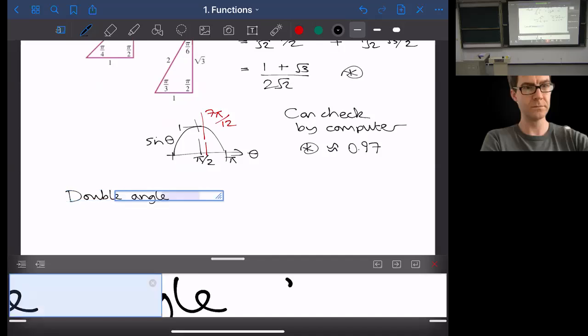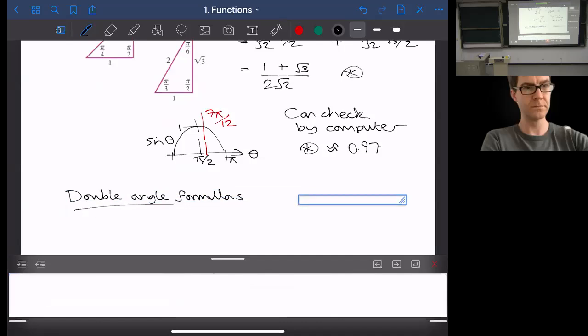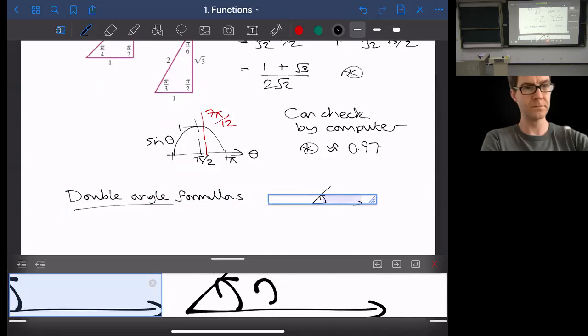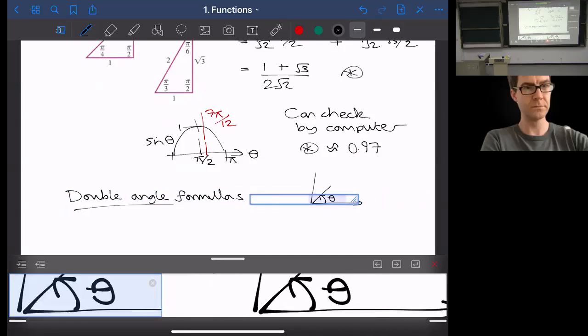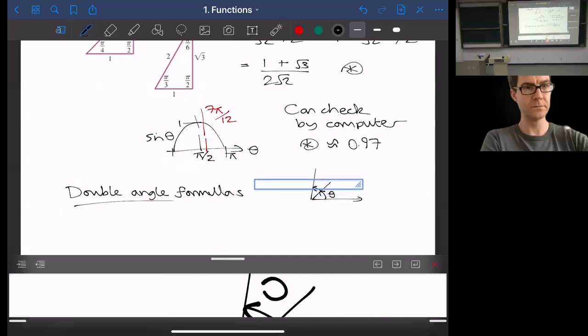So the double angle formulas. So this is the case where I have an angle theta in standard position, and I double it like that.